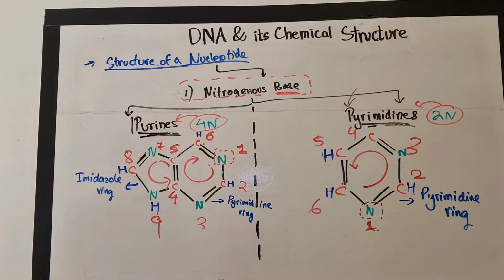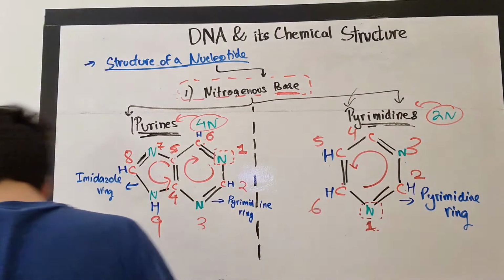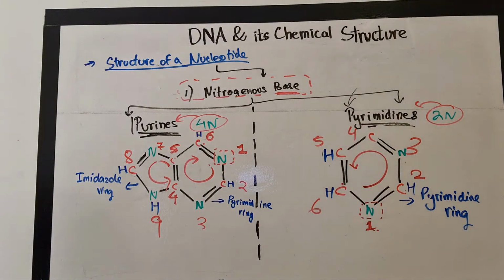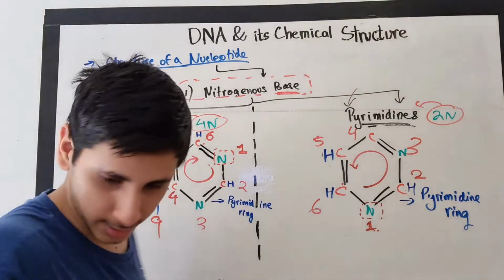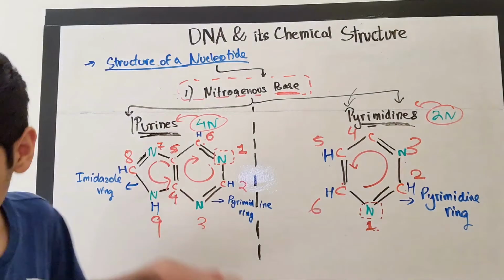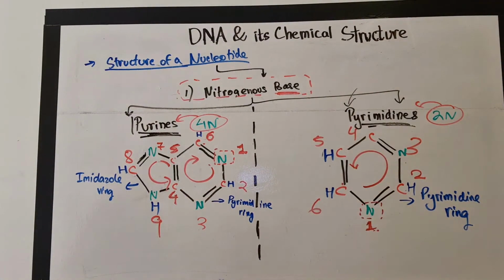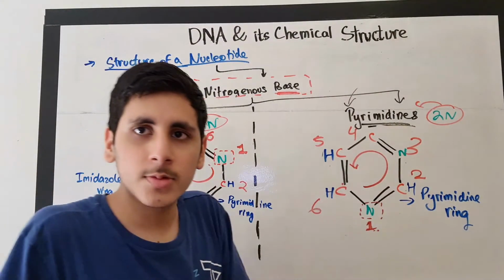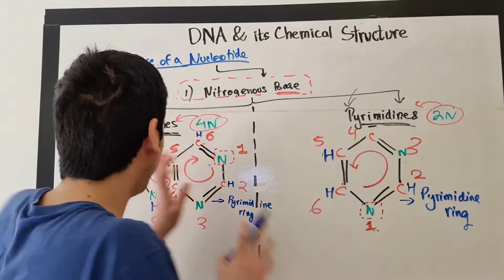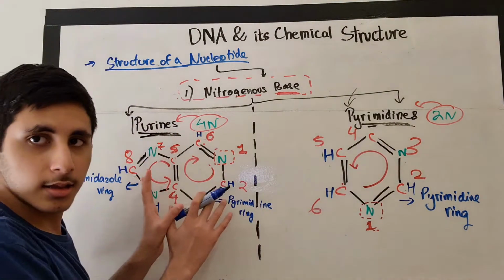Okay, so now we've understood a great detail of these pyrimidine and purine structures. I would like to end this discussion with a side note that in some diagrams we would see the pyrimidine or the purine flipped.